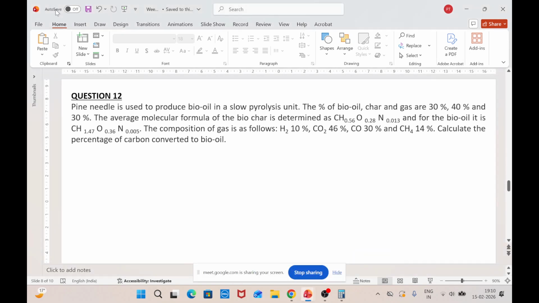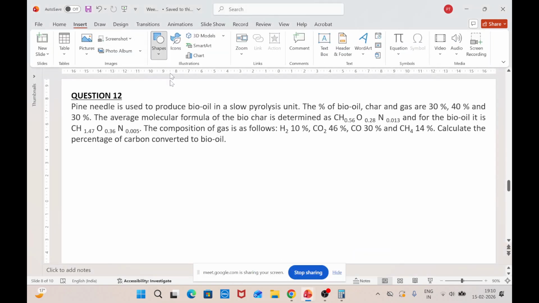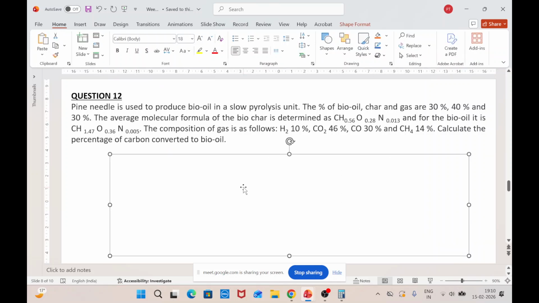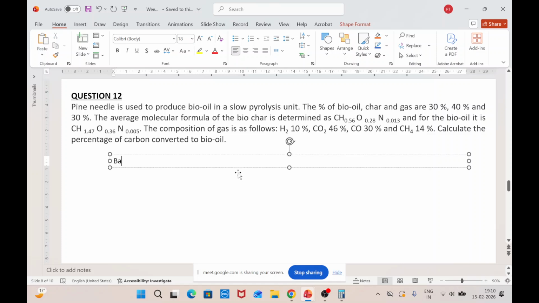So let me give you a brief idea on how to solve. We have to calculate the percentage of carbon in the bio-oil. To make the process easy, let us take a basis first. Basis: the final product that we get is 100 grams.